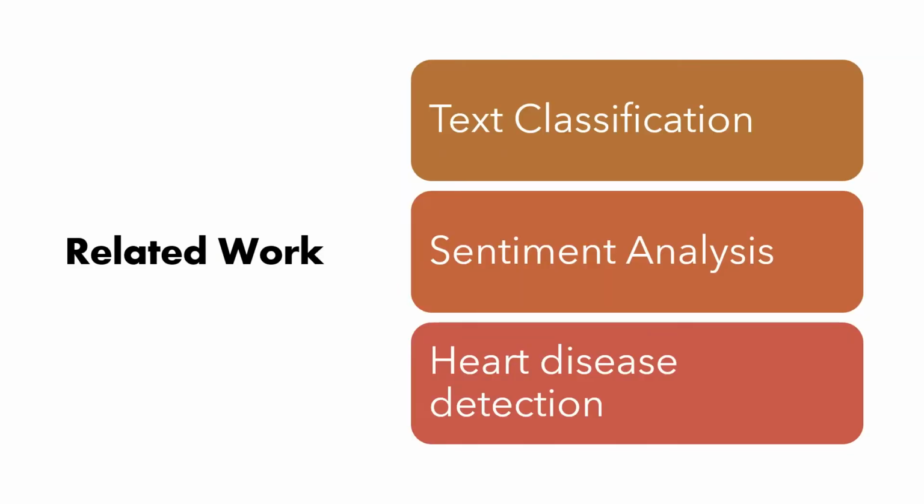So, getting into some of the things that the Naive Bayes classifier has been used for. It is used for text classification, sentiment analysis, and in this study, it had three different class variables, which is similar to that of how this project is. And it was also used in a study on heart disease detection.